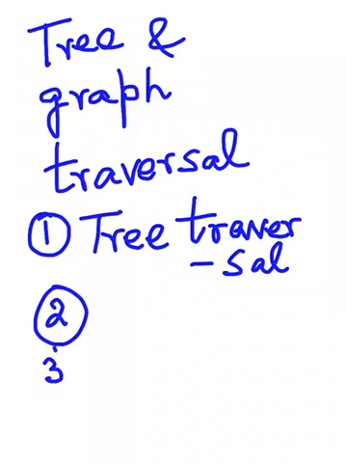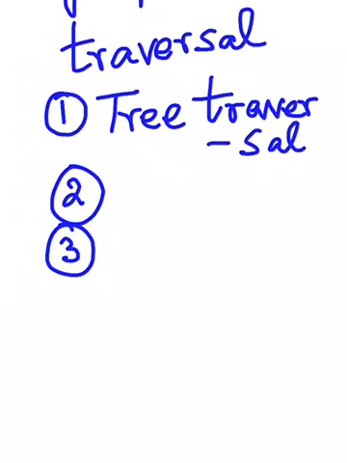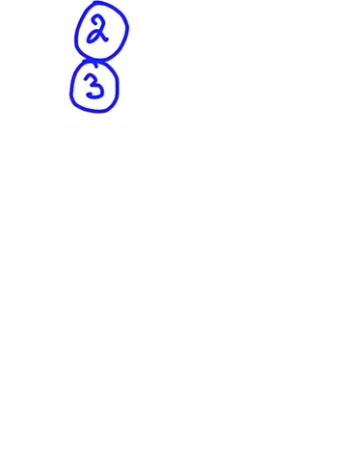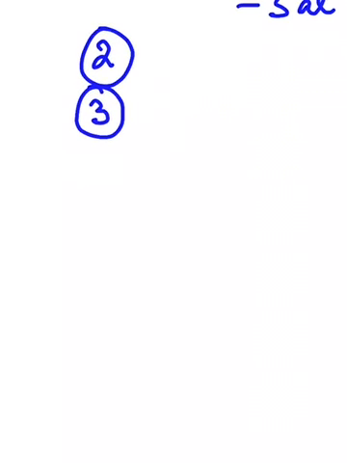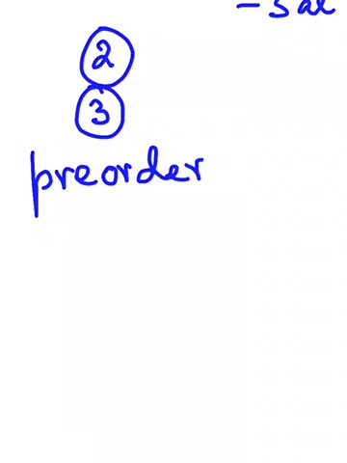Slide number 3 is depth first traversal. Now depth first traversal has 3 different techniques associated with it. The first one is the preorder traversal, and for preorder traversal, you can see the code at the top of slide number 3.